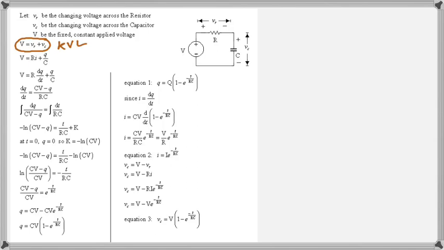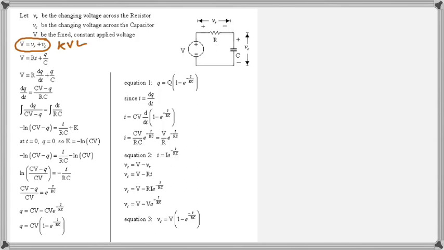The capacitor has 0 voltage across it when we first apply the power, and it's gradually going to charge up. And as the current decreases at the very end, all that big V will be across the capacitor, and there will be no current through the resistor at all. So that's an understanding in our head of what is happening, but we construct the equations in the same manner.